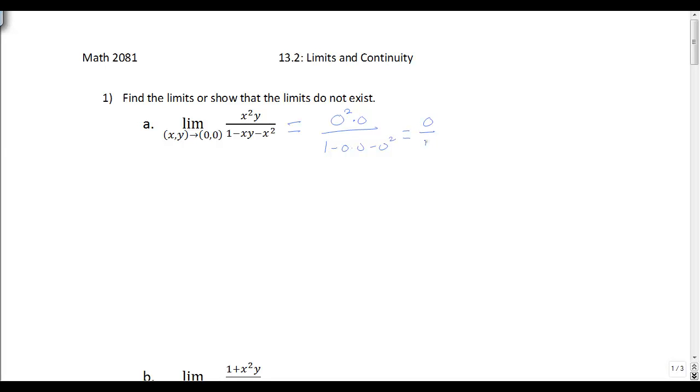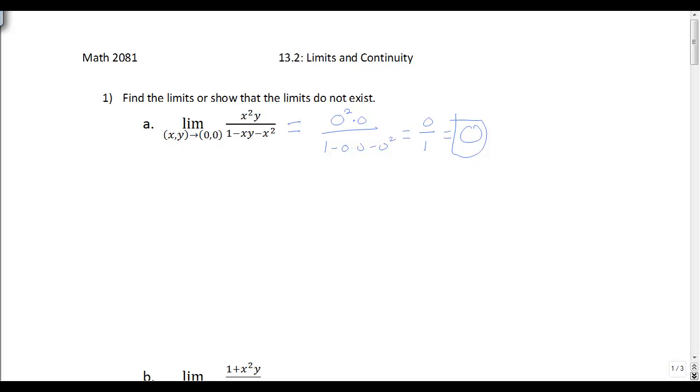This works out to be 0 over 1, which we can evaluate just fine. That's just 0. So as long as this function is continuous, which basically all the nice functions we deal with are, except at some boundary cases, we can just plug the values in and you get a 0 here. So this works out fine. So we found the limit is 0 here.